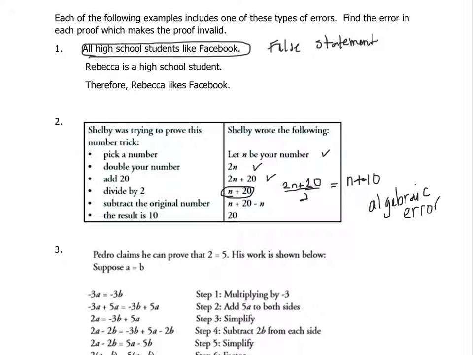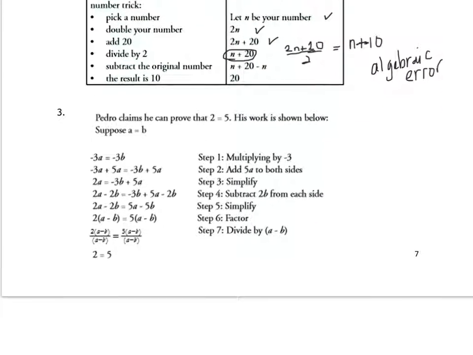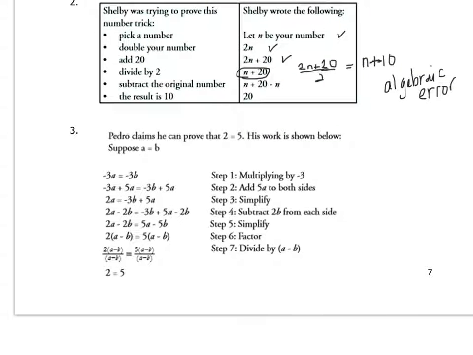The next example, Pedro claims that he can prove that 2 is equal to 5 and his work is shown below. He says, suppose you start off with a equals b. Then he multiplied both sides by -3 and got -3a equals -3b. That's reasonable. Then he added 5a to both sides, so -3a plus 5a equals -3b plus 5a, which sounds reasonable. Then he combined -3a and 5a to give 2a, equal to -3b plus 5a.